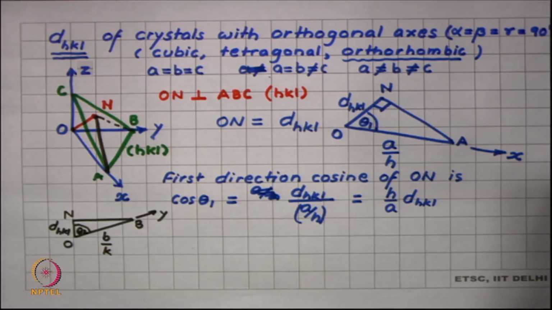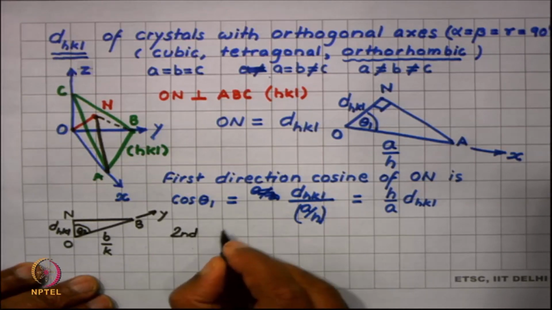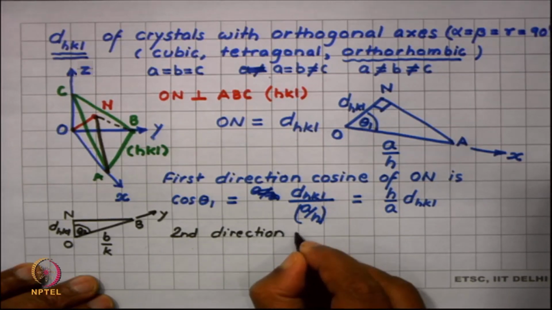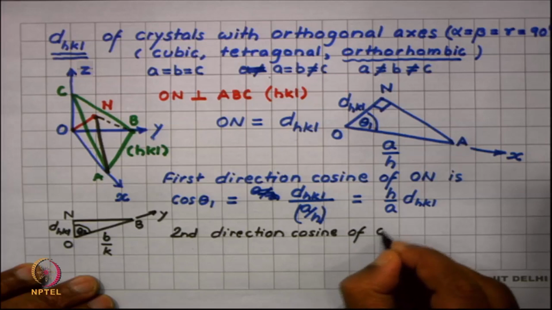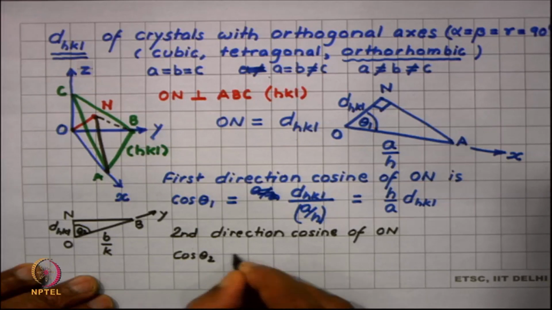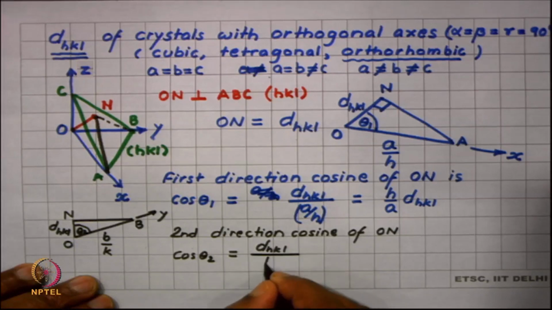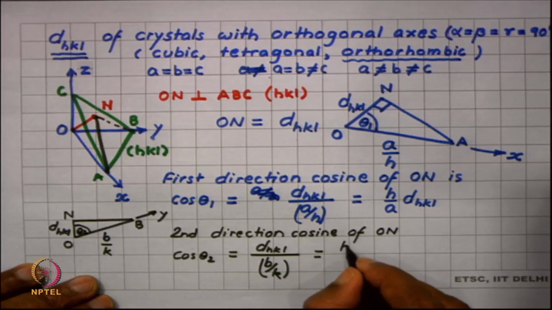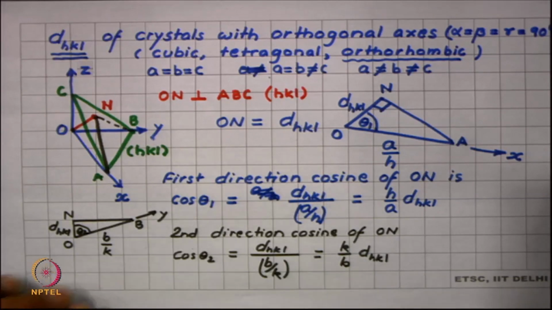So, our second direction cosine of ON, cos theta 2, becomes d_hkl divided by b by k. So, I have k by b times d_hkl.